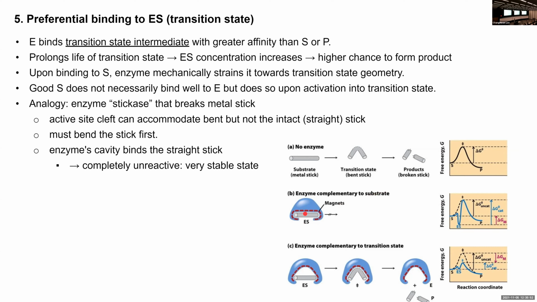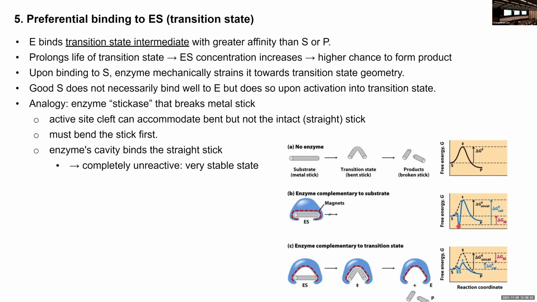And let's say that there's one enzyme that can tightly bind to only the substrate. So let's say that this active site has lots of magnets, so you can hold this metal stick really tightly. But here the problem is that there's so much tight binding between the original form of substrate and the enzyme. It'll be much more stable in terms of this energy flow.